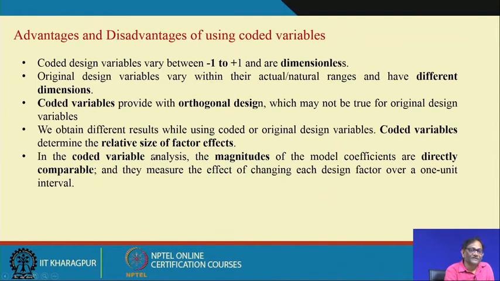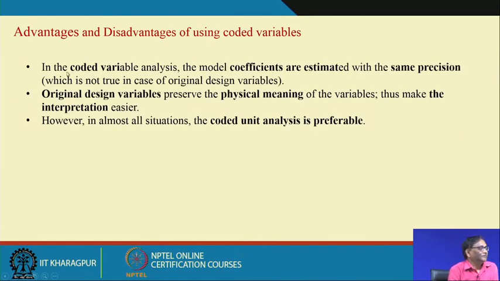In the coded variable analysis, the magnitudes of the model coefficients are directly comparable, and they measure the effect of changing each design factor over a 1 unit interval, which is not possible in the original one. In the coded design variables, the model coefficients are estimated with the same precision.